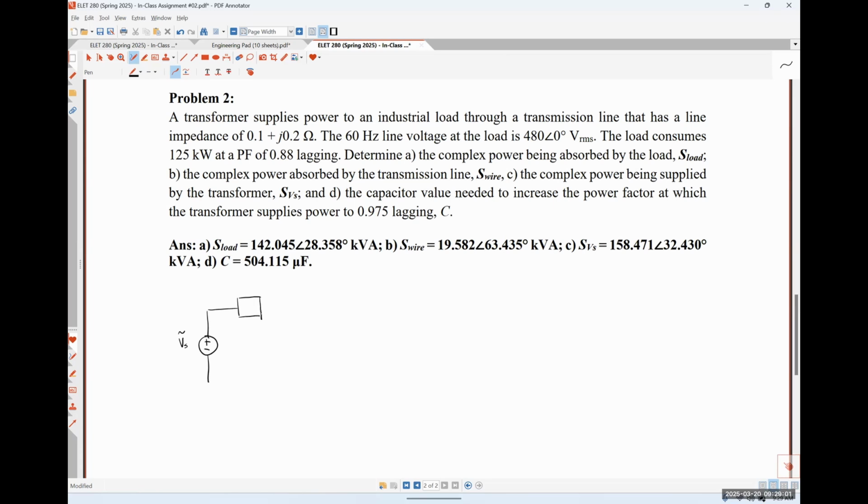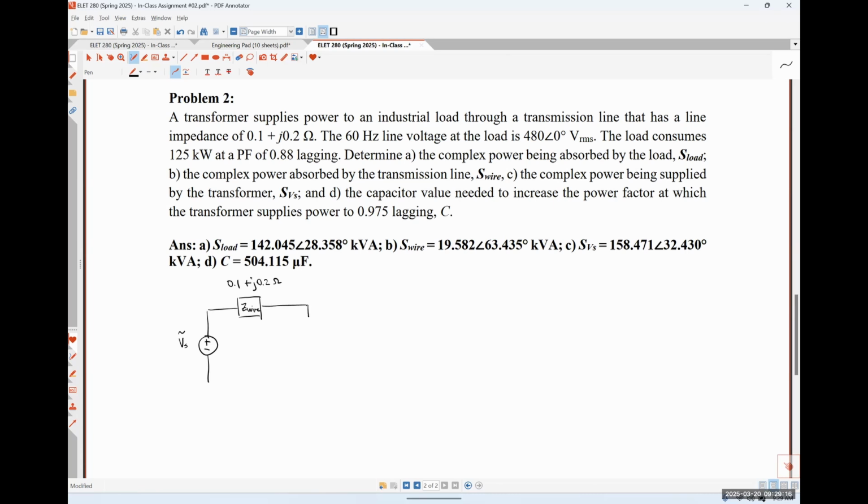This impedance right here is going to represent our wire, our transmission line. We are told that it has an impedance of 0.1 plus j0.2 ohms.